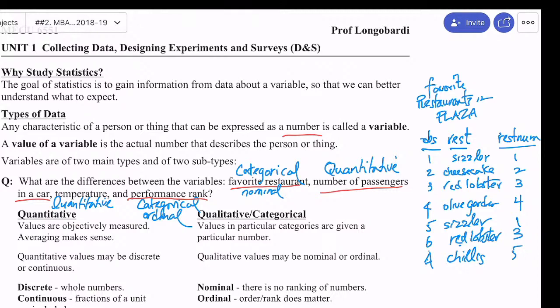Temperature is quantitative because I use an instrument to measure temperature, and another person can use an instrument, and provided it's calibrated, they will have the same result as I would, at the same time.